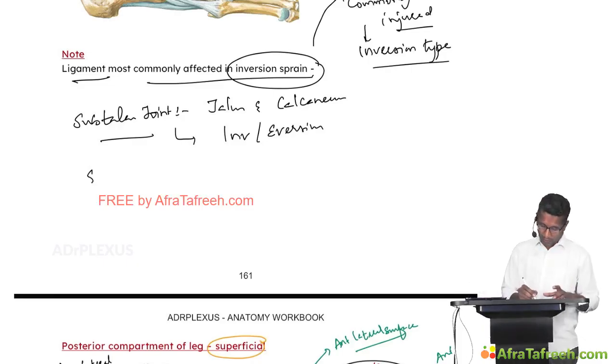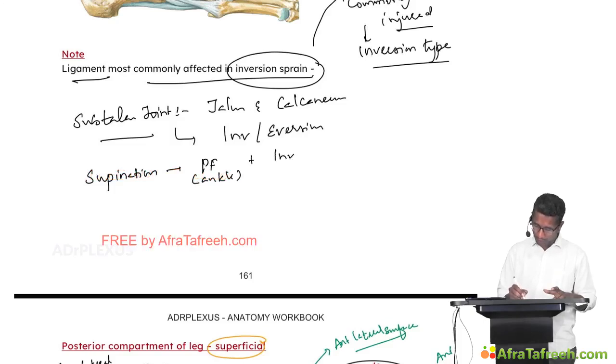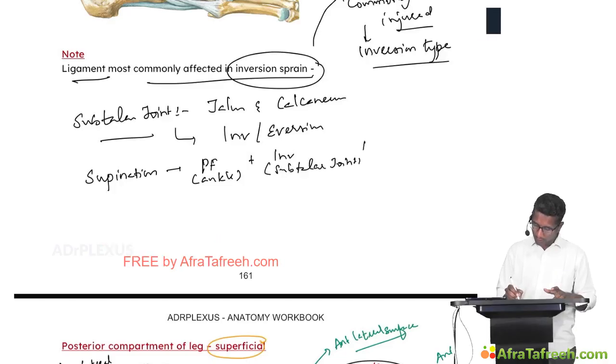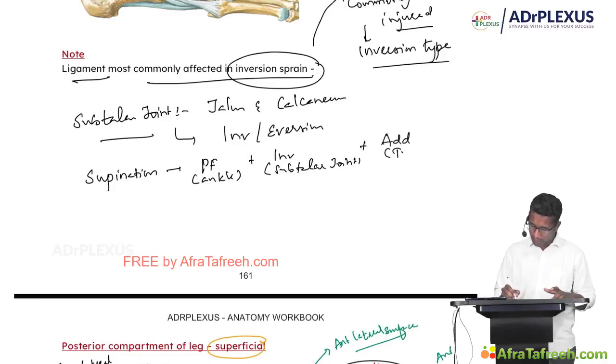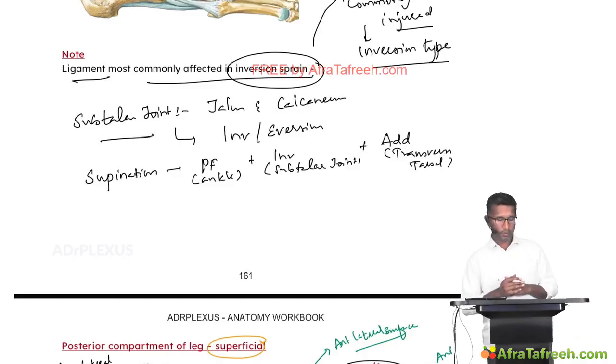The movement which actually takes place together is called supination. In supination you get plantar flexion at the ankle joint, inversion at the subtalar joint, and adduction of the foot at the transverse tarsal joint.